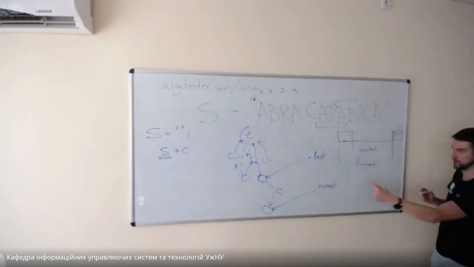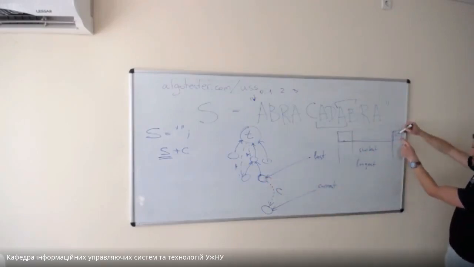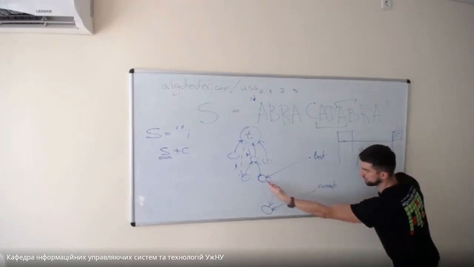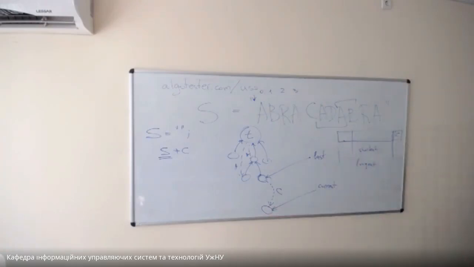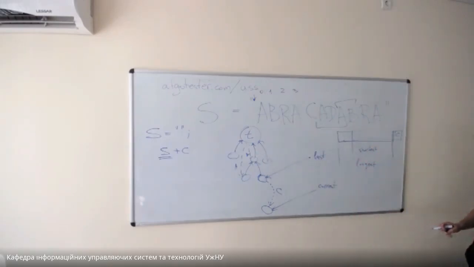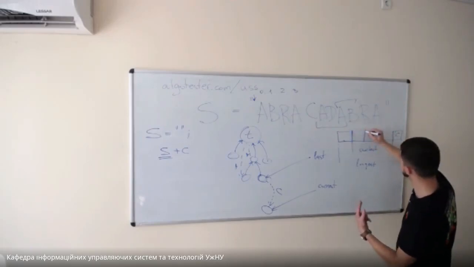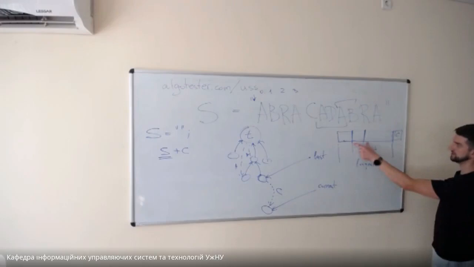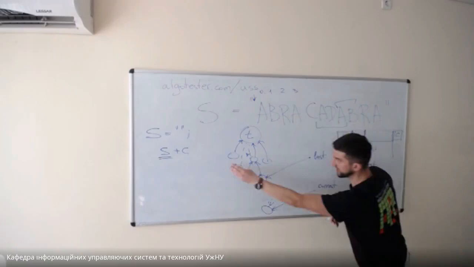So all of them are included here. When we append a character C, then we travel this edge, and we are in the current state right now. However, if we move up one step via suffix link, then we'll get to some other interval, which contains some smaller suffixes of string S.